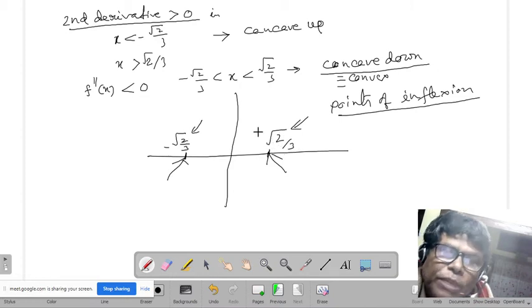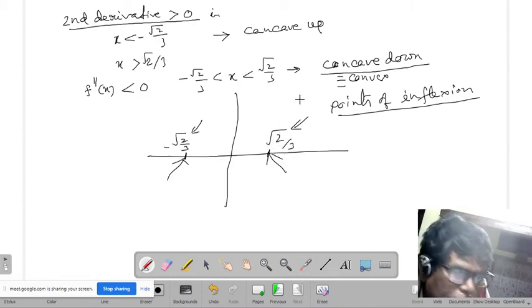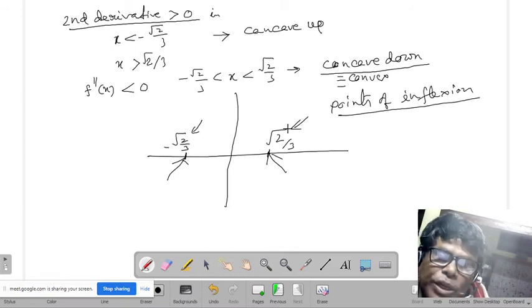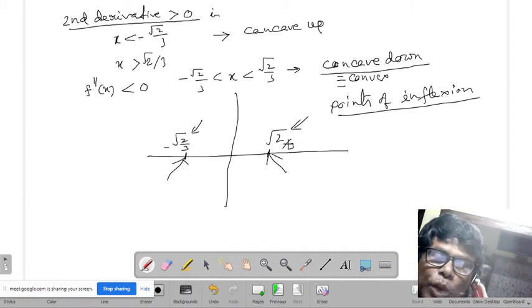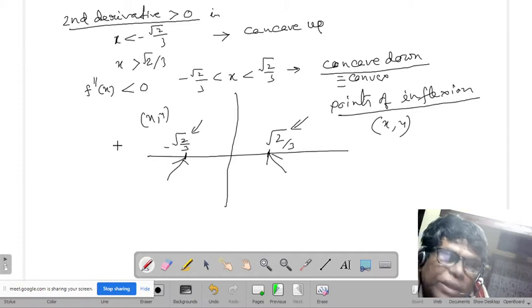So the corresponding y coordinate you find from the function. Put x equal to root 2 by 3 and you will get y, so x, y. You have to find these 2 points in the form of x and y. So this is one (x, y) and this is another (x, y). What is our function?